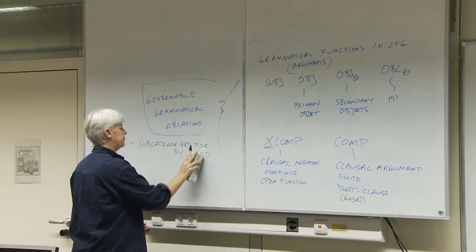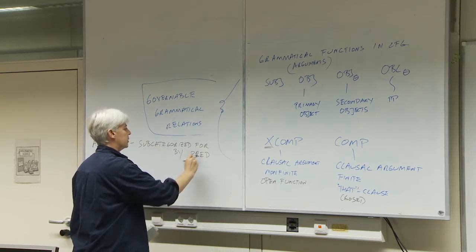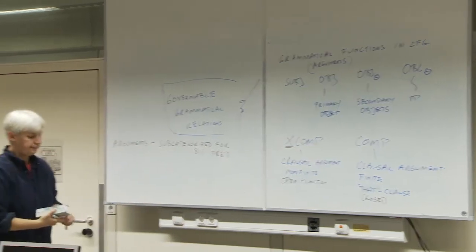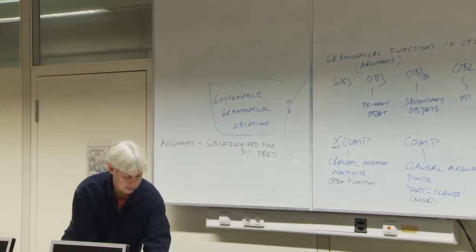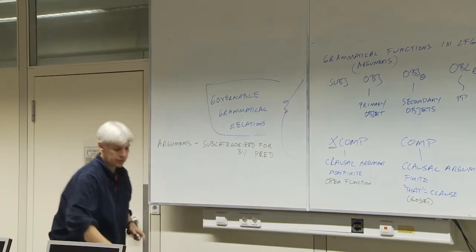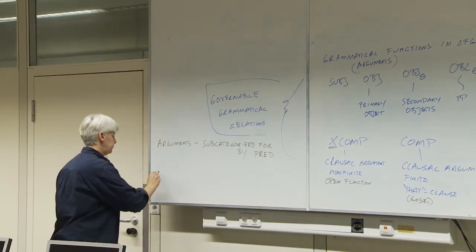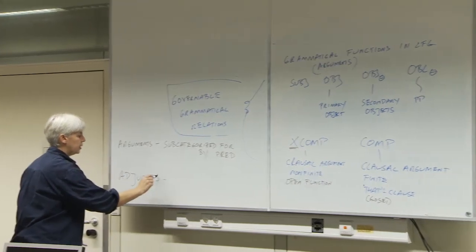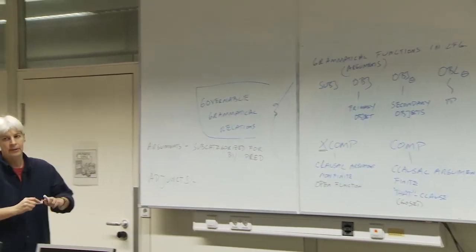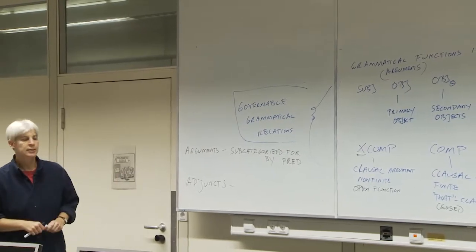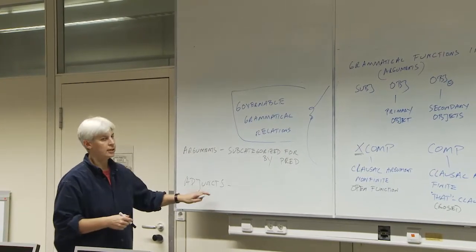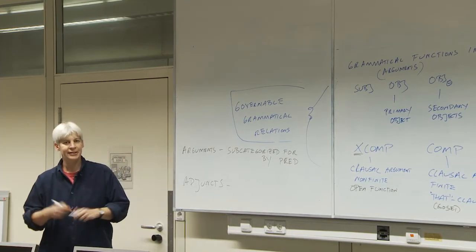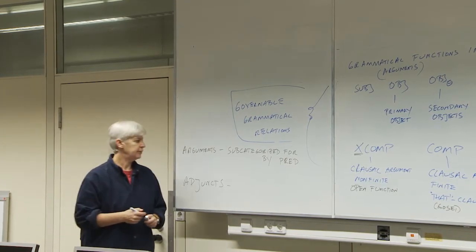By the PRED. And one usually opposes arguments to adjuncts. The distinction is not always easy to make, but there are certain extremes. One can say this is an argument, this is an adjunct. So adjuncts are not subcategorized for by a predicate, right? They can just be added on.